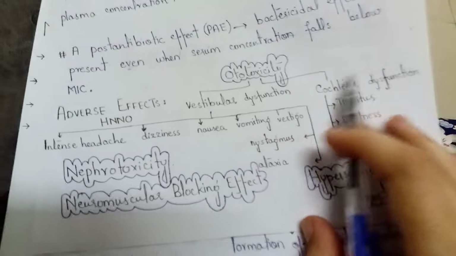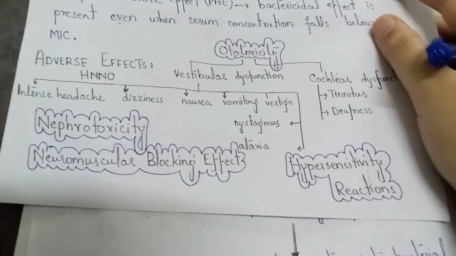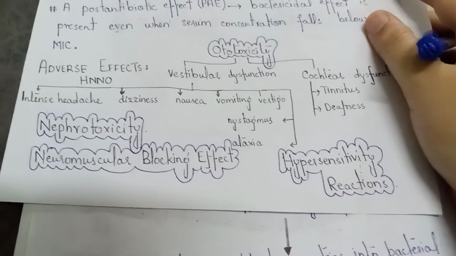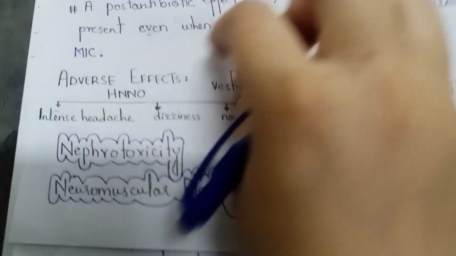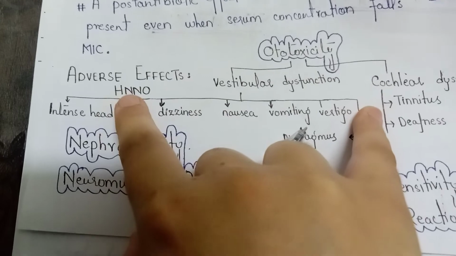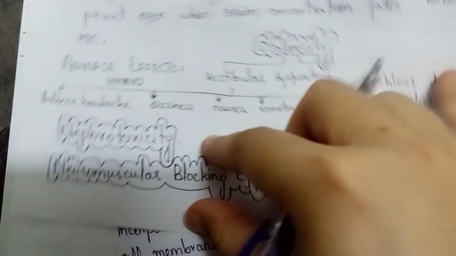Okay, now we have some adverse effects, and those are ototoxicity, nephrotoxicity, neuromuscular blocking effect, and hypersensitivity reaction, meaning skin rash, etc. For that, the word is HNNO. So H, hypersensitivity, and nephrotoxicity, and neuromuscular blocking effect, or ototoxicity.